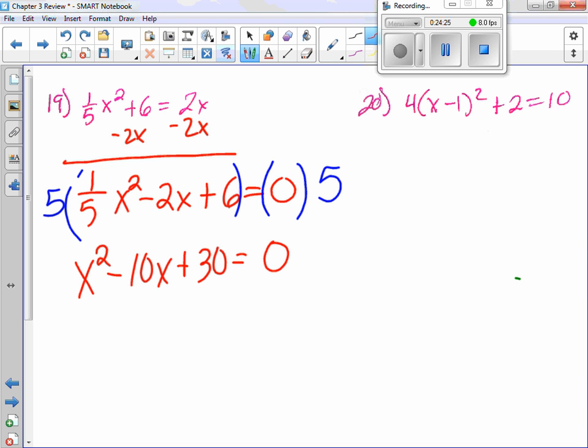Did that make that problem a lot easier? Yeah. There's nothing wrong with multiplying by a scalar or multiplying everything by a number so that the decimals or the fractions go away. It doesn't change the solutions. Because at this point here, we can use the quadratic formula.